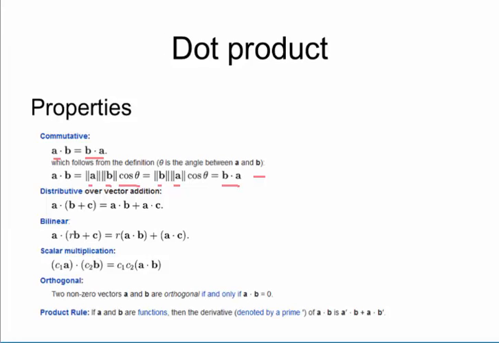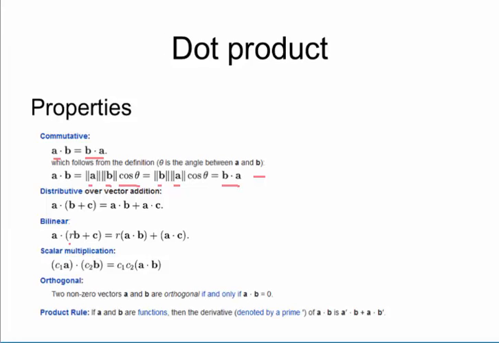It is perfectly true. It is distributive over vector addition: A dot (B plus C) is equal to A dot B plus A dot C. Now the reason why these are all being stated is that it is by and large like normal multiplication, but it is not always like that, so you have to be careful.